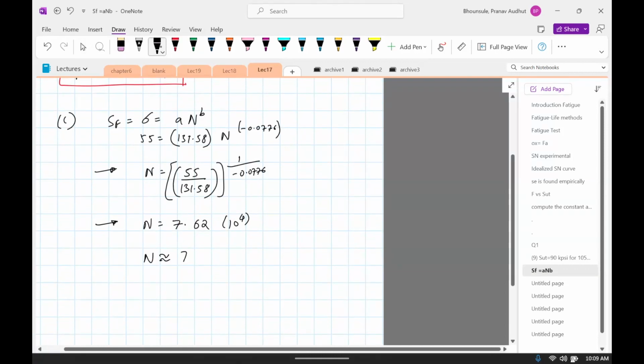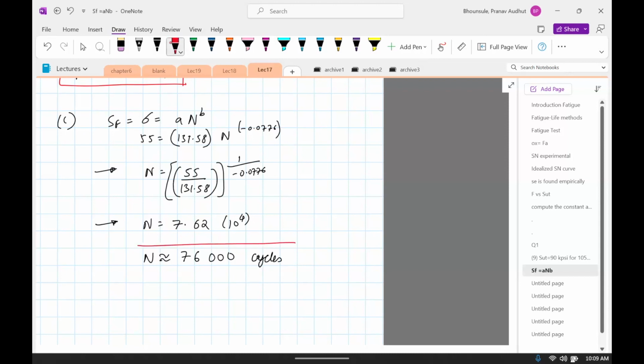It's 76,000 cycles. 76,000 cycles before it fails.